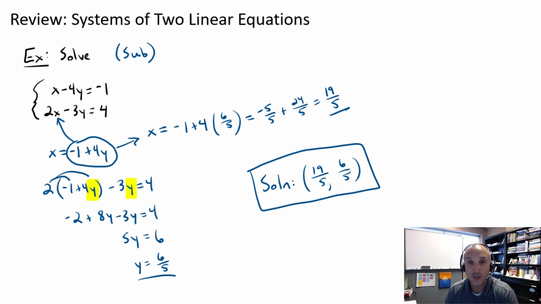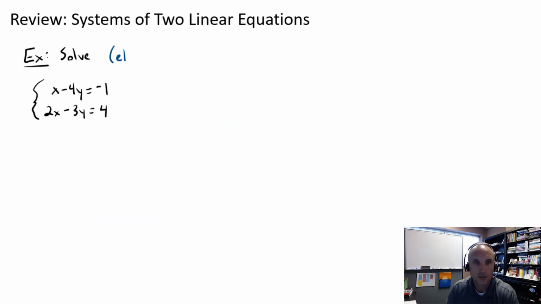Now let's solve this using elimination. Elimination is also sometimes called addition. And in elimination, what you want to do is somehow combine both equations together to get rid of one variable. So let's say I want to eliminate x.